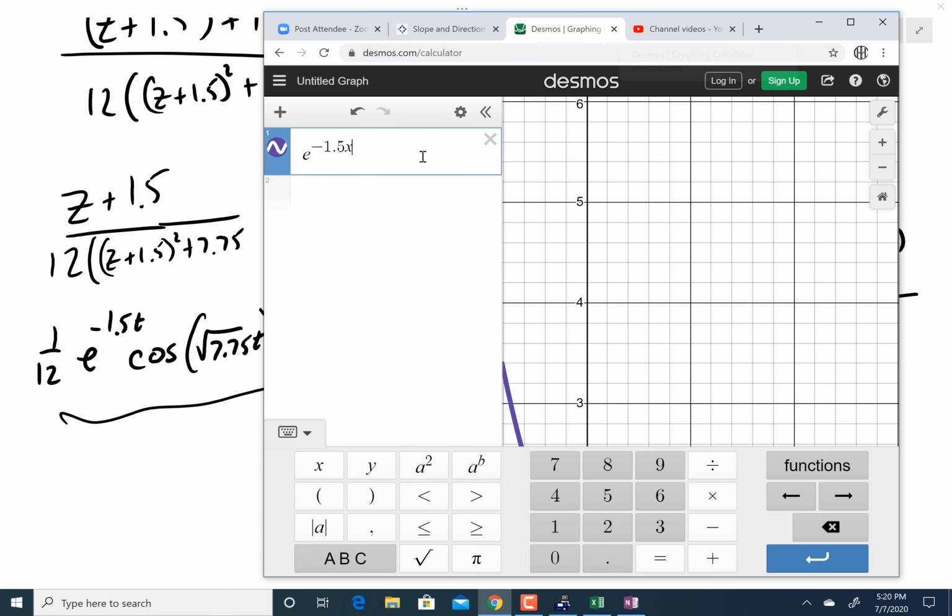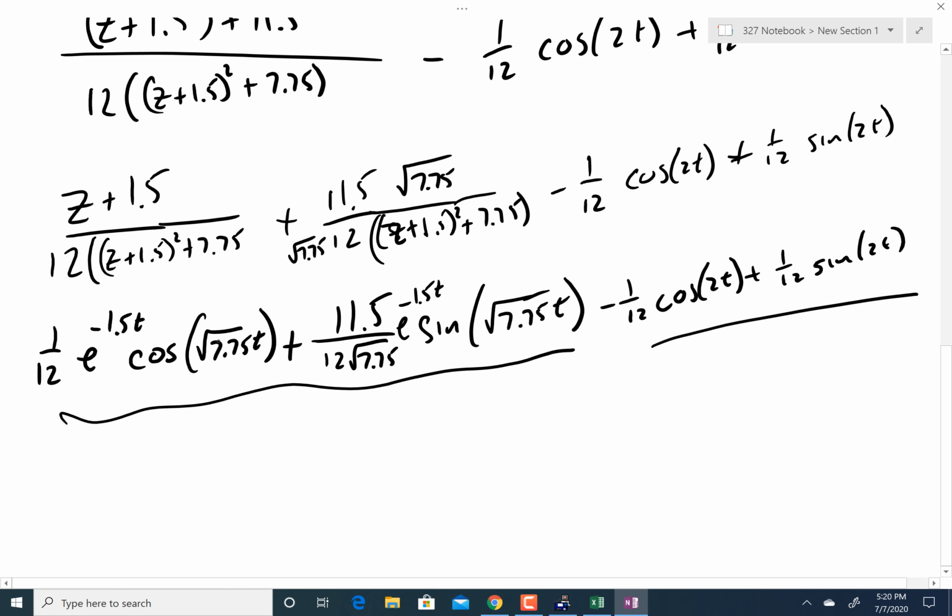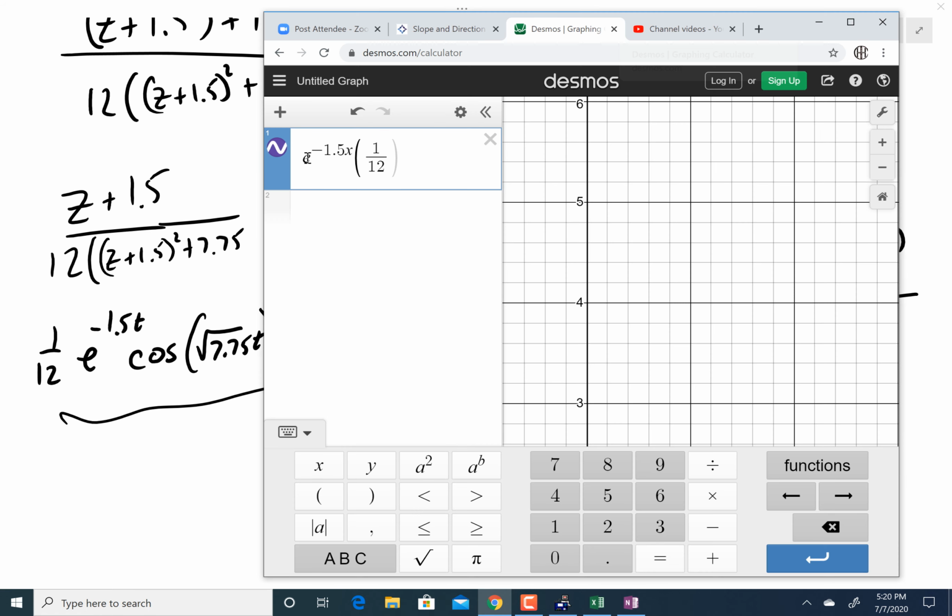There you go. And then I'm going to go parentheses, and then I'm going to put in the 1/12. Actually, do they both have a 12? They both have a 1/12, don't they? Well, I'm going to go with that then. So I'm going to stick to 1/12, and 1 right here, divided by 12. And so that's going to leave me with 1 cosine of square root of 7.75.